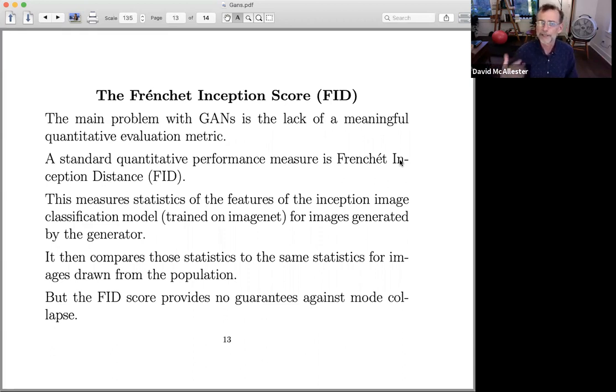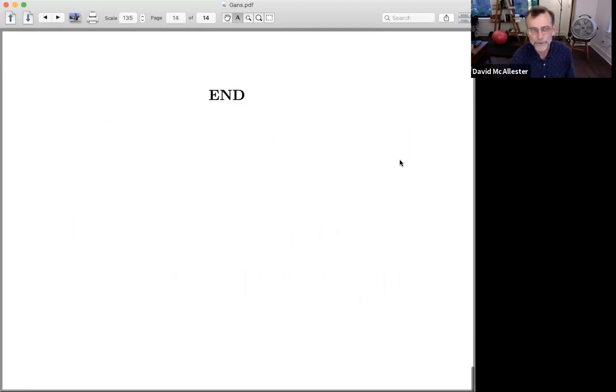And this has been used throughout the history of GANs as a surrogate. People love bake-offs. You love to say, my number is better than your number, I'm on the top of the leaderboard. And so this is what has been used quantitatively.